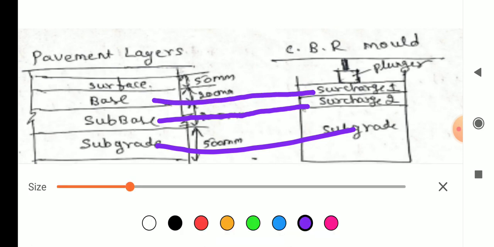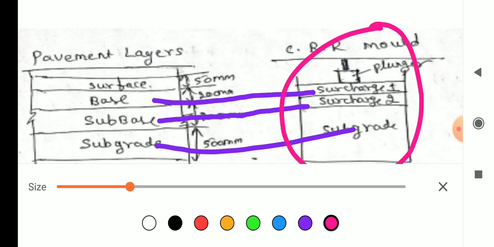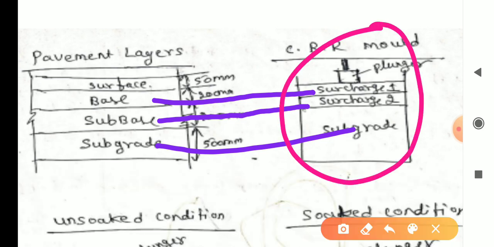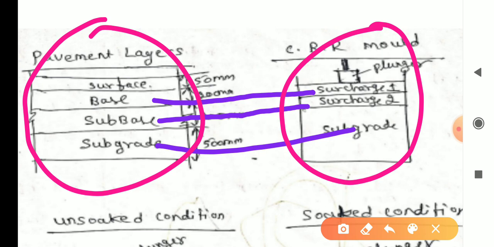That means the entire CBR mold simulates the pavement layer. That's why we use two surcharge weights. One acts as the subbase and another acts as the base. The subgrade is the soil we are using here. So we are using the entire pavement as a CBR mold.